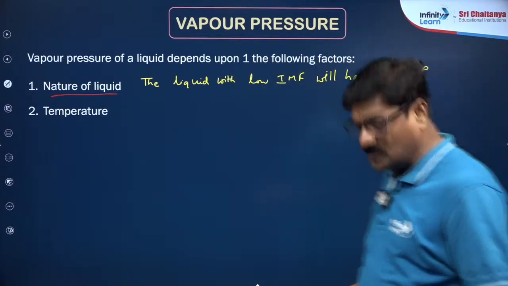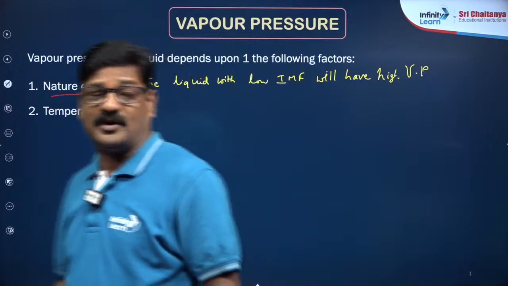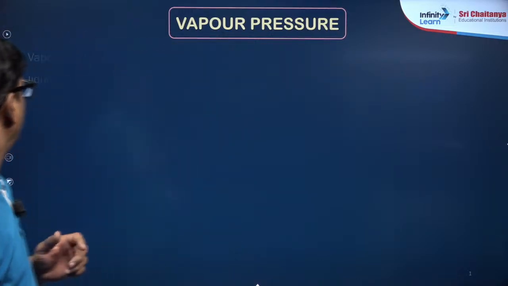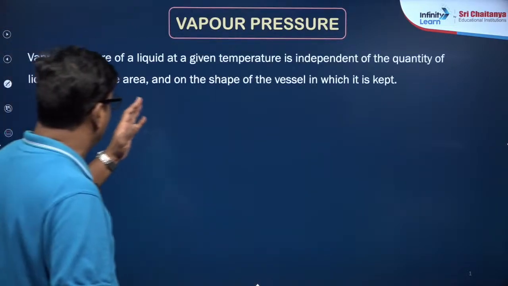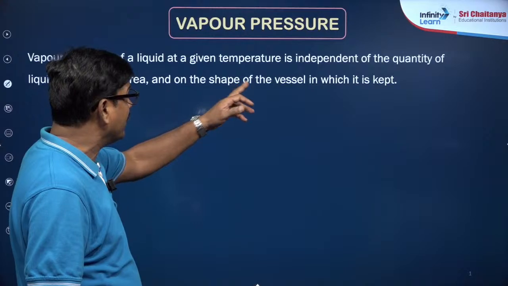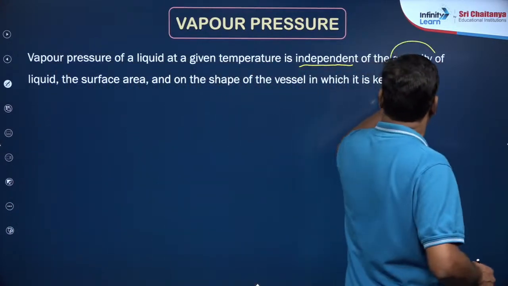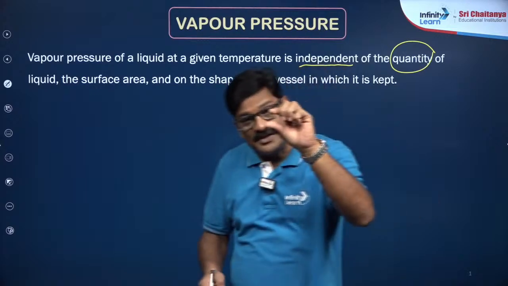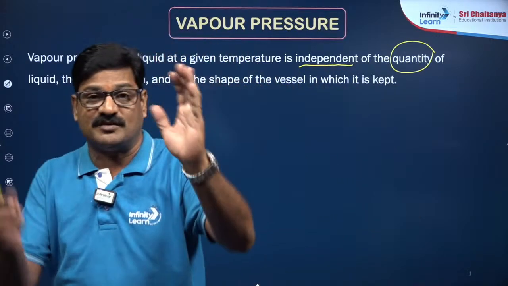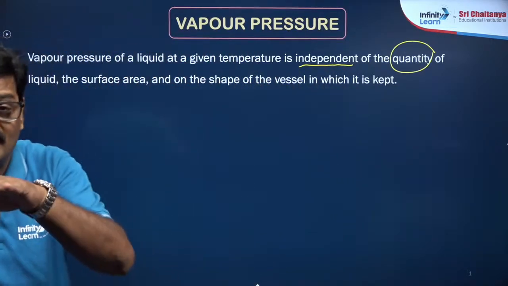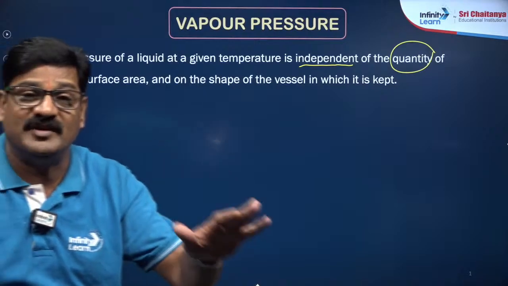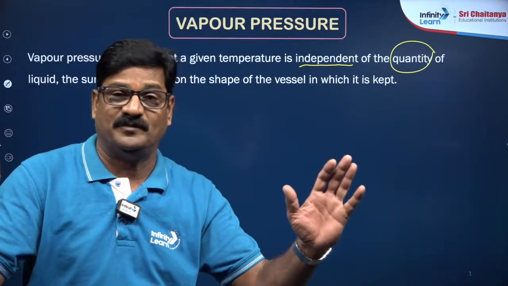We will be discussing the Clausius-Clapeyron equation. The vapor pressure of a liquid at a given temperature is independent of quantity. If you take this much liquid or this much liquid, at that given temperature the vapor pressure is the same.